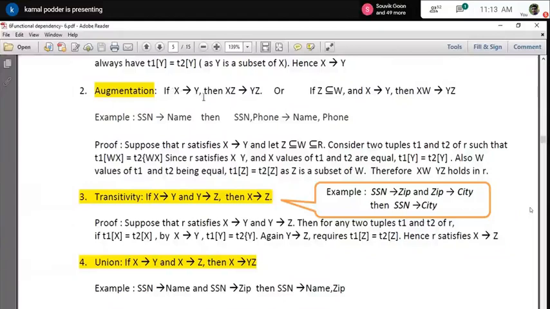Here I have just unioned Z on both sides, because if you union the same thing on both sides, that FD will not break. Or we can say it like this also, if Z is a subset of W, then we can do that also. In both cases, that is basically augmentation of FD.